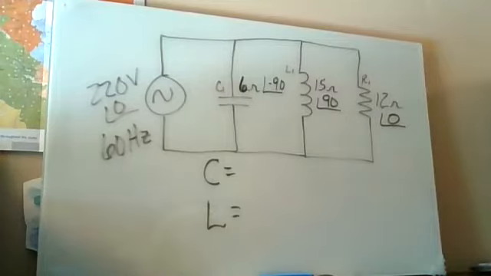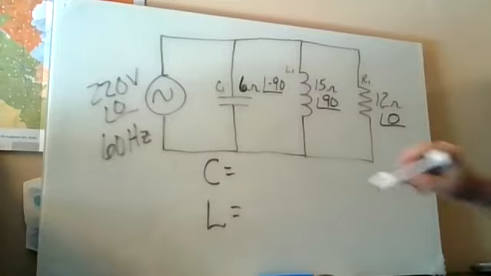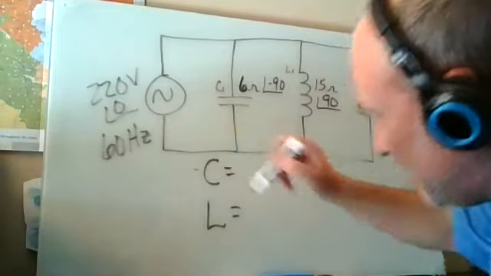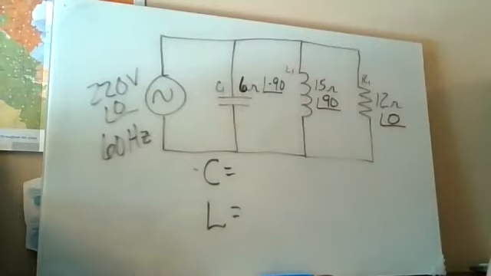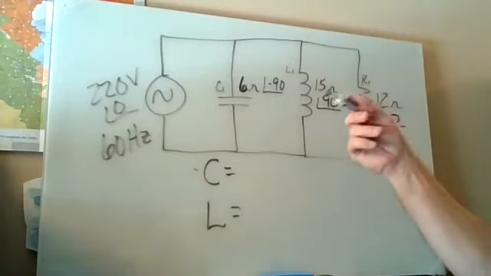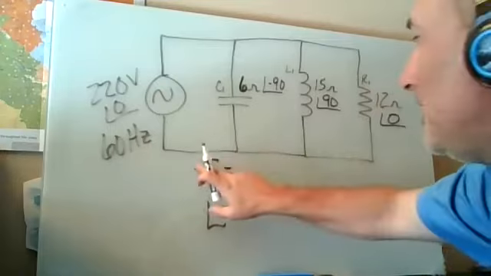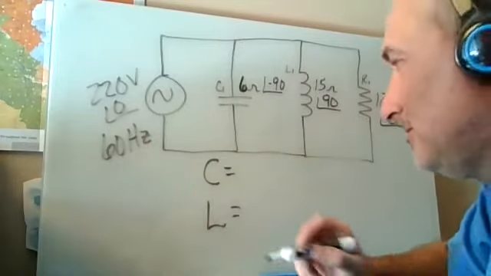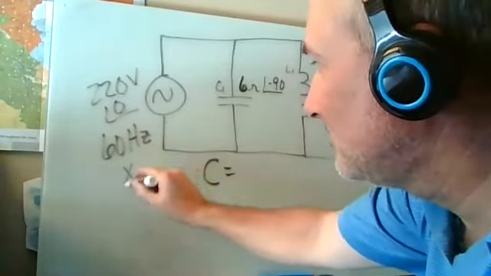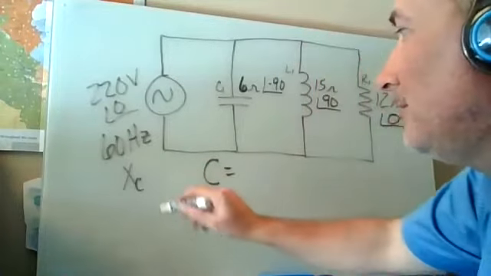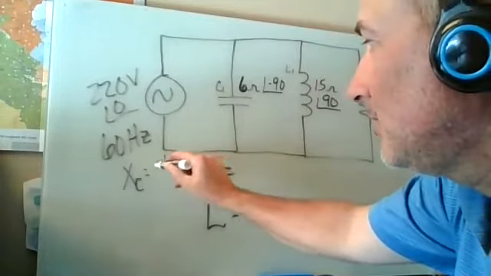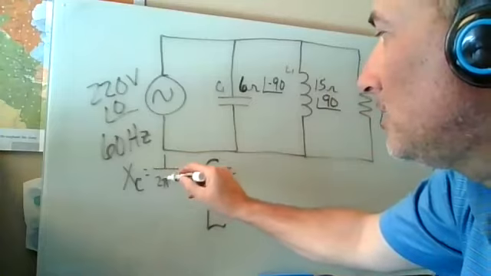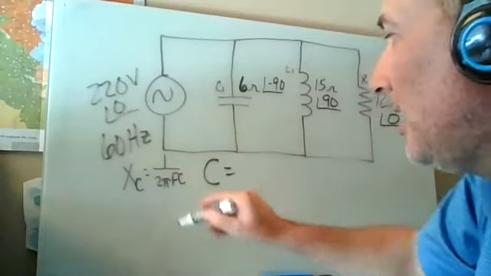I got it. What kind of equation would I use to find C? Well, what equation do I know that has C in it, in AC? X of C, right? 1 over 2 pi FC.